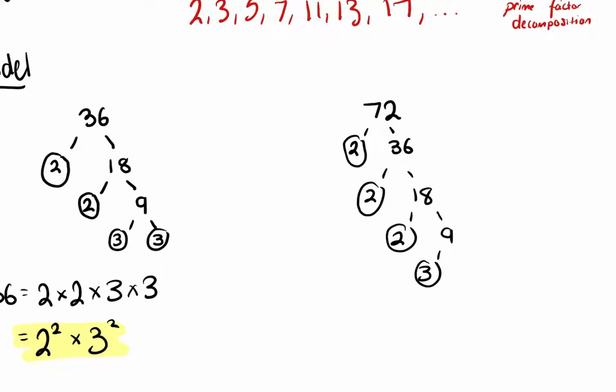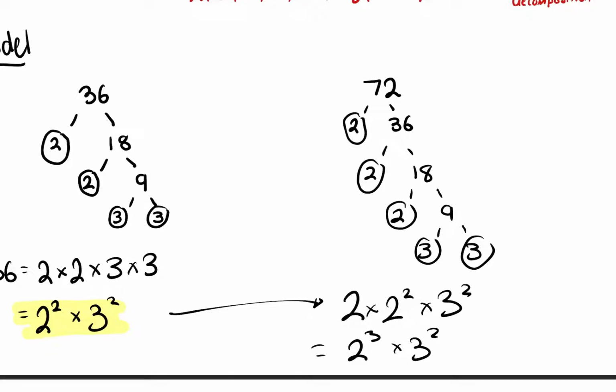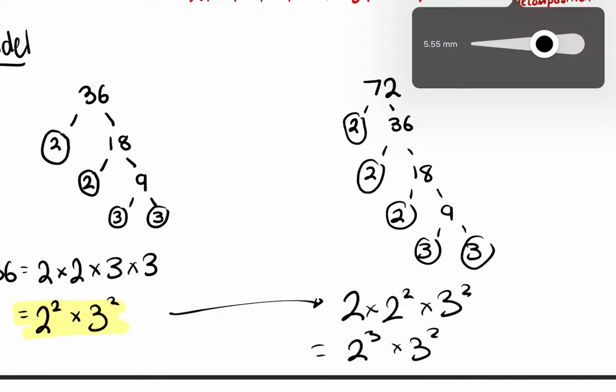Same thing, we're just going to add on 2 times whatever this one was. So 2 times 2 squared times 3 squared, and let's simplify that down to 2 cubed times 3 squared. Fantastic.